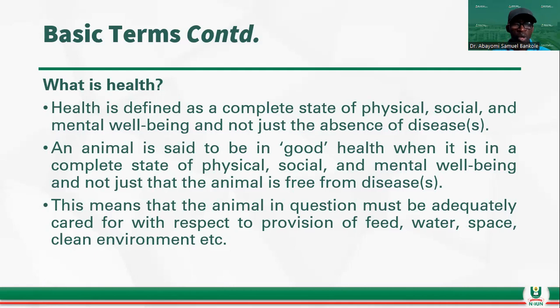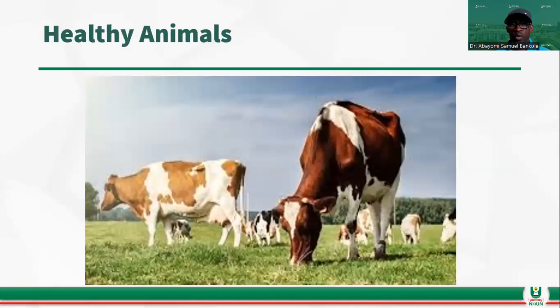So what that means is that the animal in question must be adequately cared for with respect to provision of feed, water, space, clean environment, and so on and so forth.